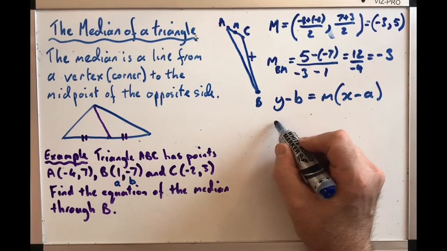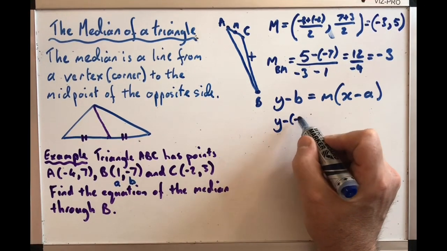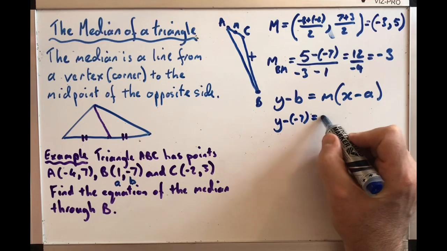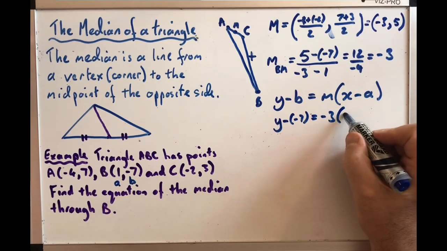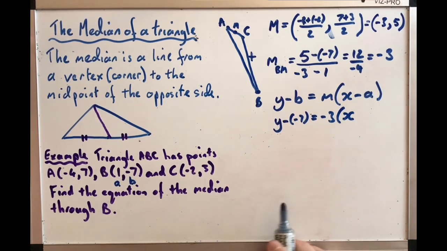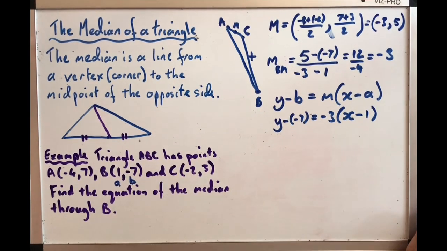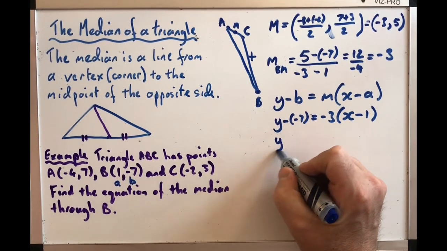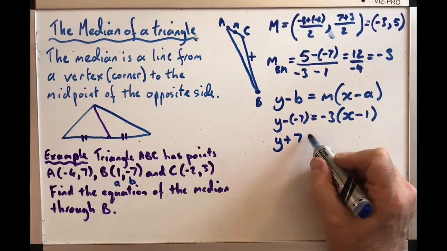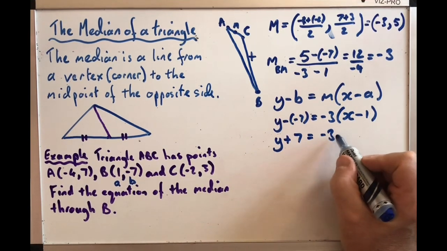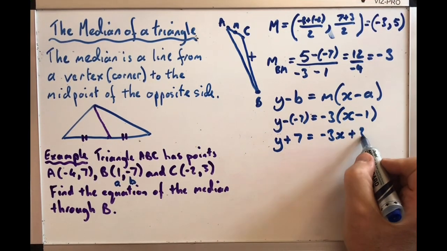So we've got y minus -7 equals -3(x minus 1). Okay, must tidy it up. So we have y plus 7 equals -3x plus 3.